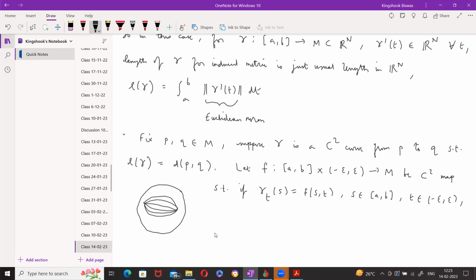Then we assume that gamma_0 is equal to gamma, and gamma_t(a) is equal to gamma(a), gamma_t(b) is equal to gamma(b), for all t less than epsilon.